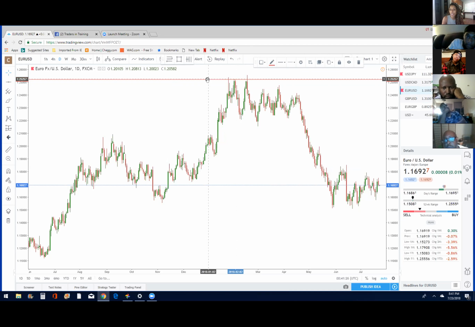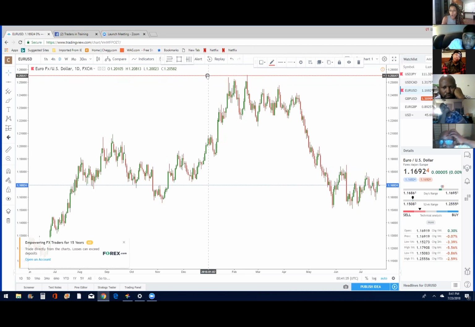What was the highest price of the day? It's going to be at the top of the wick. But if we're looking to identify really where price is closing at, like it might have went all the way up there, but it didn't stay up there, we want to know more where price is consistently going, then we're looking at the body.